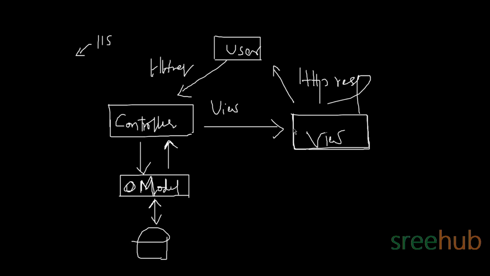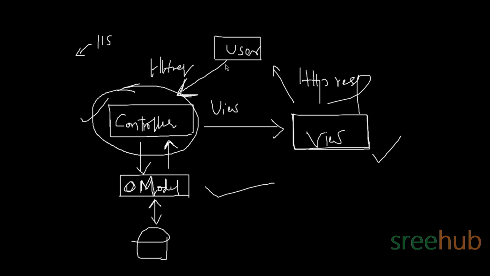So this is how model view controller works, where you can see the controller takes care of all the requests. If you plug out the controller, that's it, your request will not work.